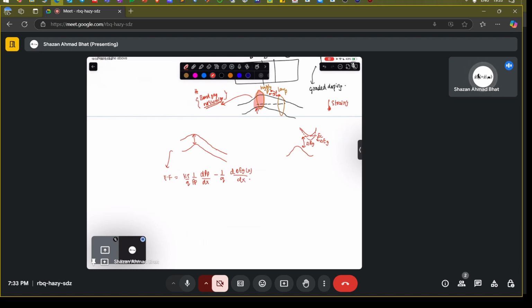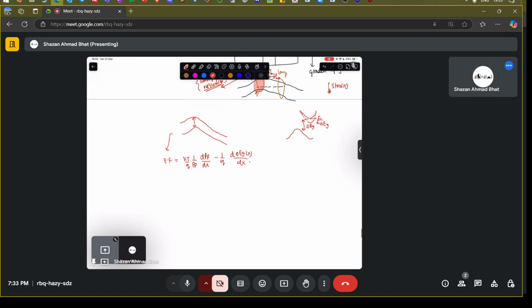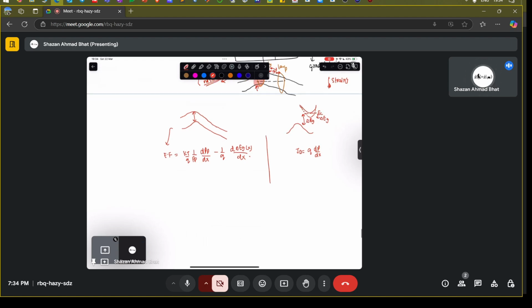So what is this component? What this means is that you know a diffusion current is equivalent to q dp by dx, and you also know the electric field can be written in terms of the gradient of the field profiles, which is 1 over q dE_c over dx.